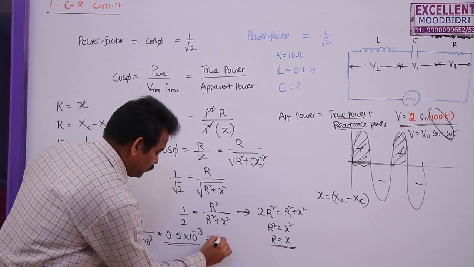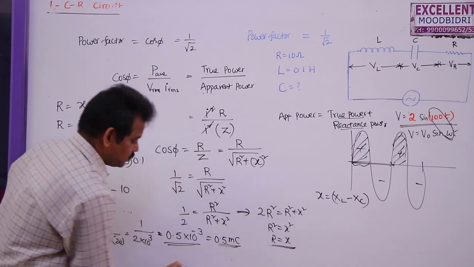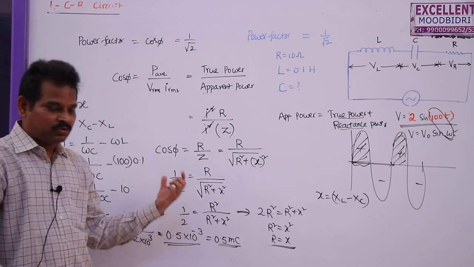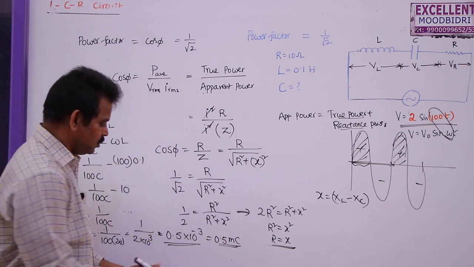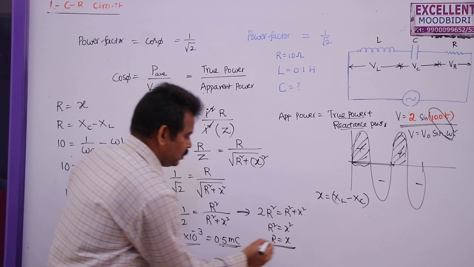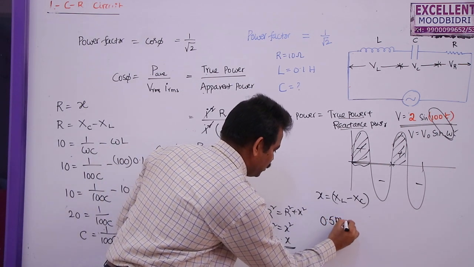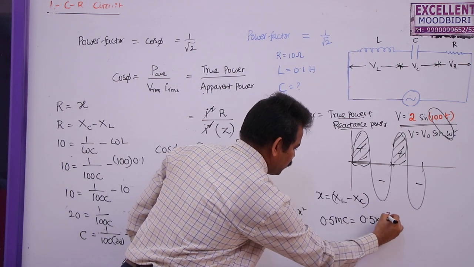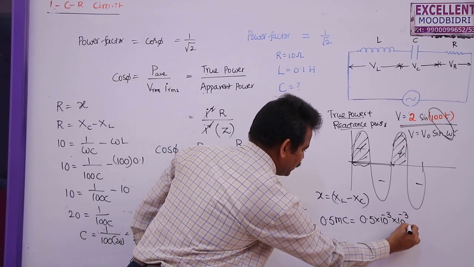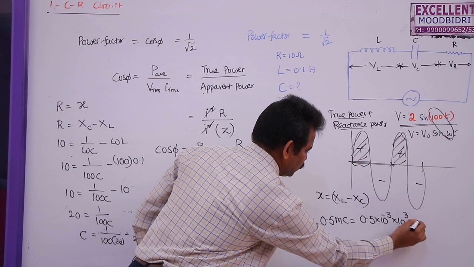That means 0.5 millicoulombs. But students, remember, sometimes you may not get this in millicoulombs. The option may be given in microcoulombs. Then we can write this 0.5 millicoulombs, which is equal to 0.5 into 10 power minus 3, into 10 power minus 3 by 10 power plus 3, into coulombs.